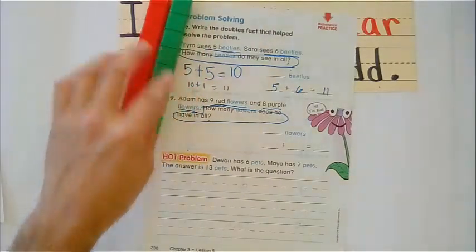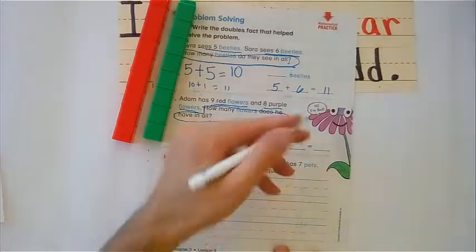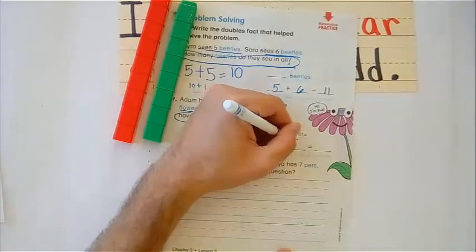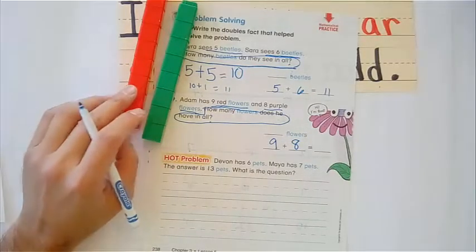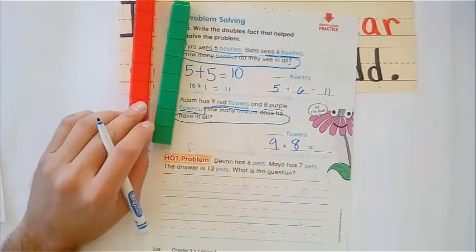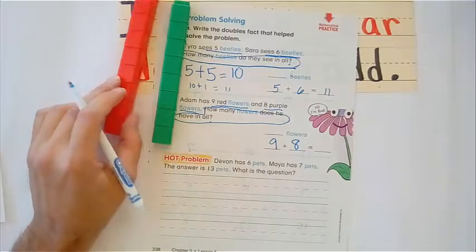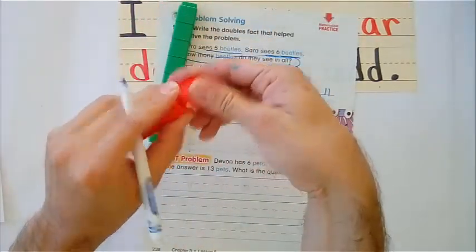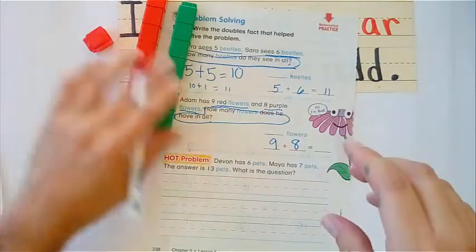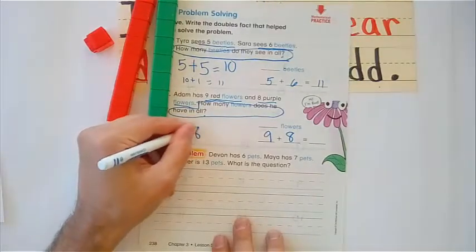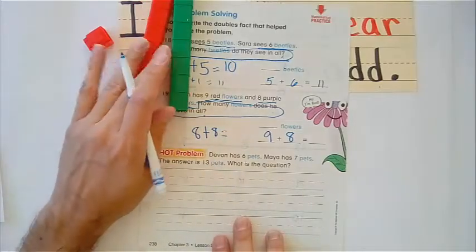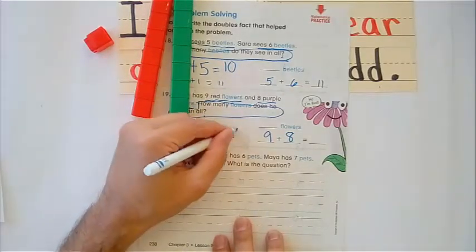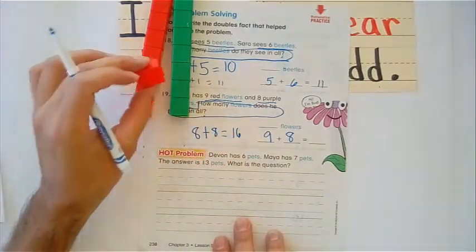So if I have 9 and 8, what can I do? Well, I could pretend that I have 8 and 8. Right? I could say 8 plus 8, and I know that 8 and 8 is 16, but I have 1 more.